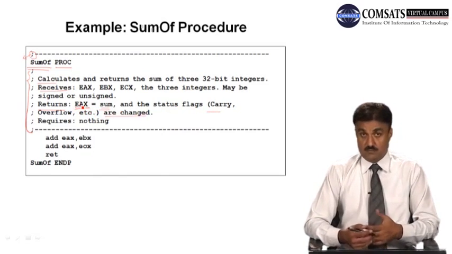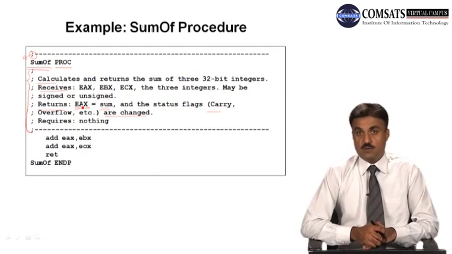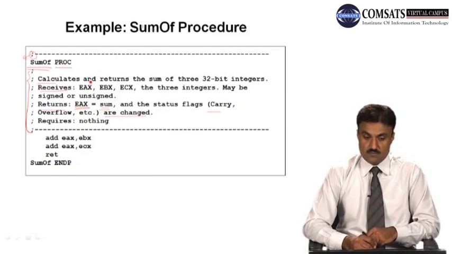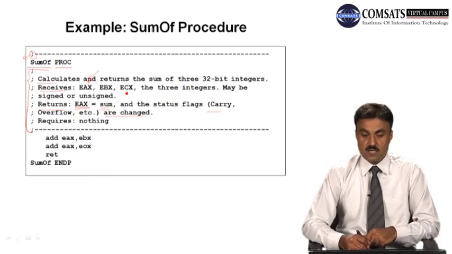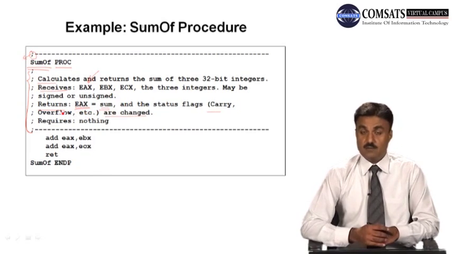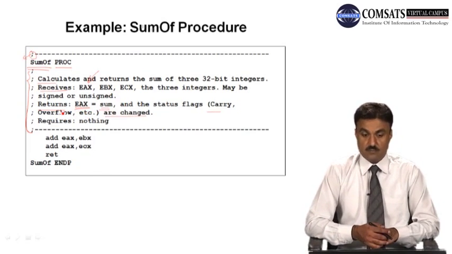For example, if you want to use this procedure, first of all you have to push all these values inside the stack, like EAX, EBX, and ECX, and also push the flag register and so on.